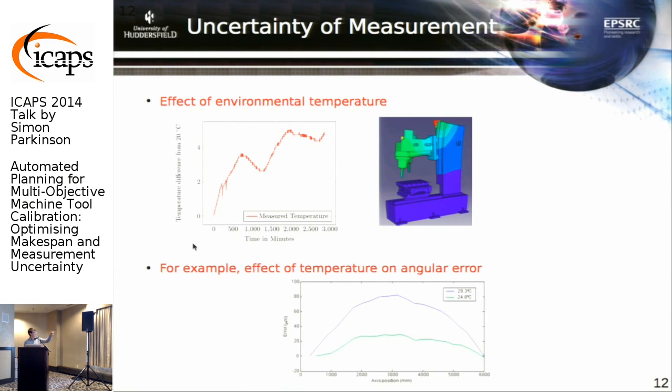On the right we've got a simple picture of how temperature will deviate the machine's structure and result in positional deviation. And at the bottom there's a little graph of the same error component measured at two different temperatures. I think there was a 5 degrees C difference between the two, but the error increased by 2.5.